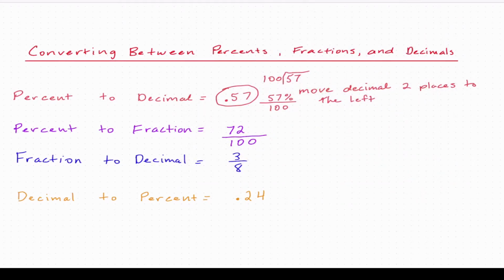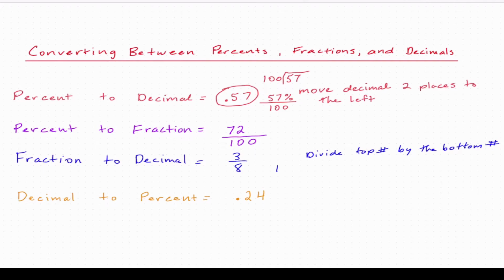The third one, fraction to a decimal. Changing a fraction to a decimal, we actually do have to divide on this one. You're going to take the numerator, the top number, and divide it by the bottom number, your denominator.